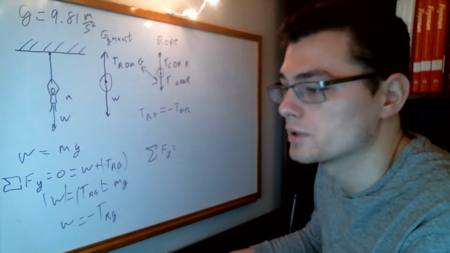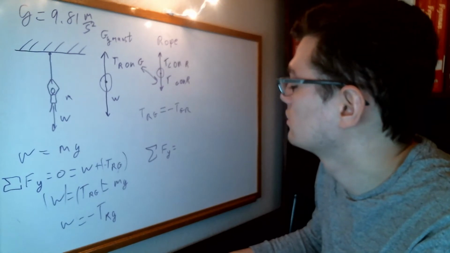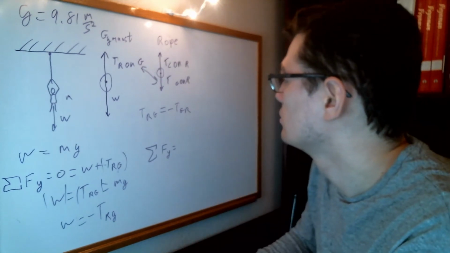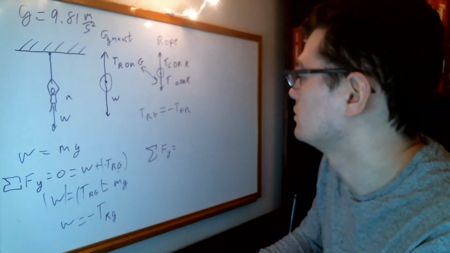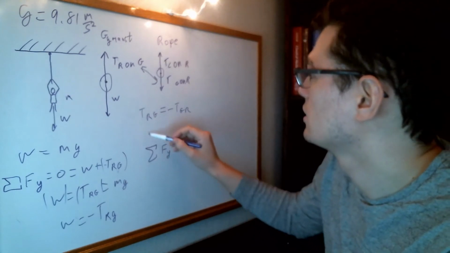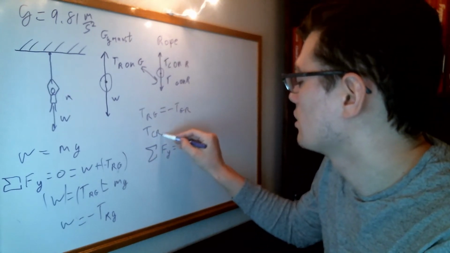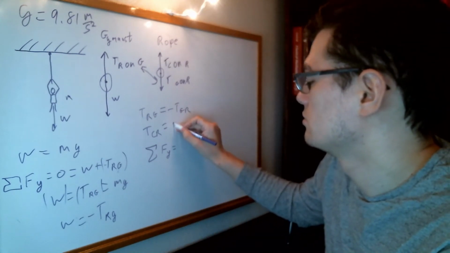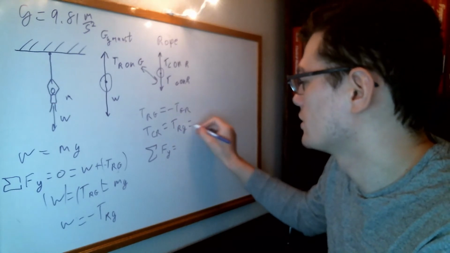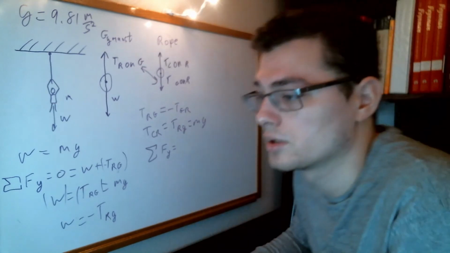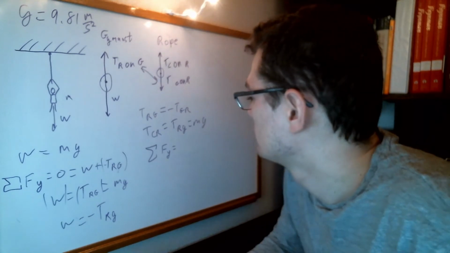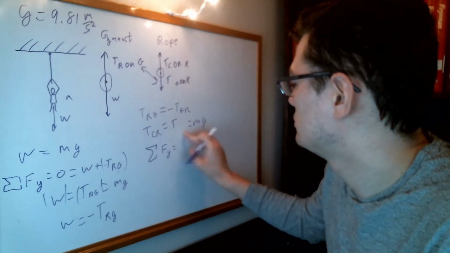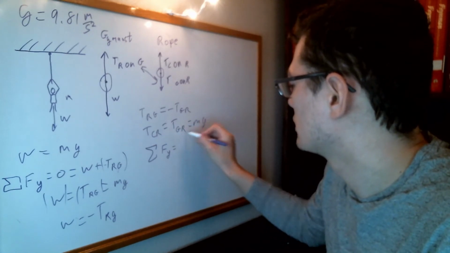And since these are also going to be the negatives of each other, you can just solve this using Newton's third law, and you can say that TCR is going to be equal to TRG, and so then this is going to also be mg. This would be G of R. I got them mixed up.